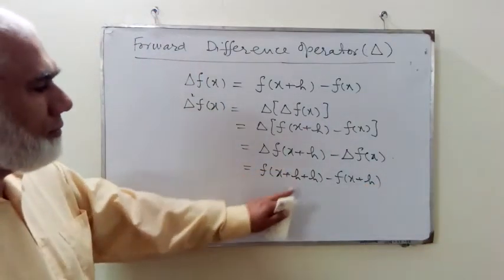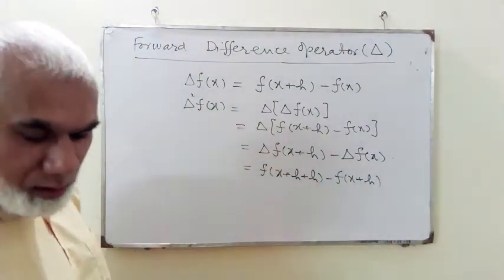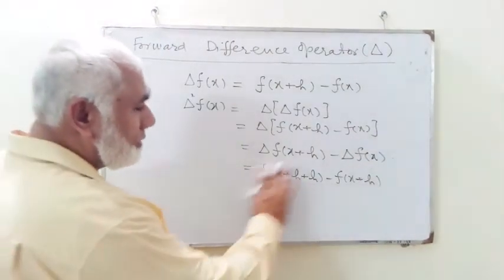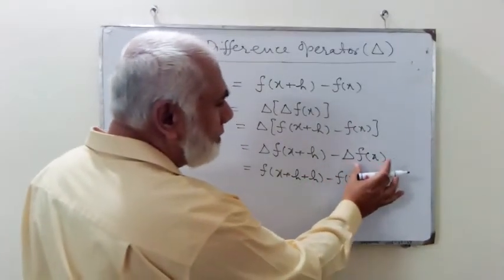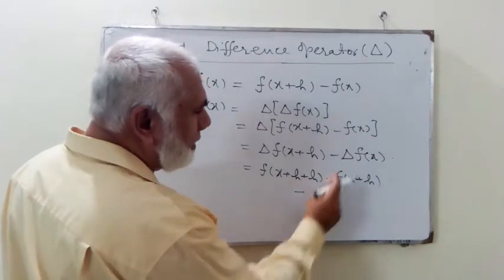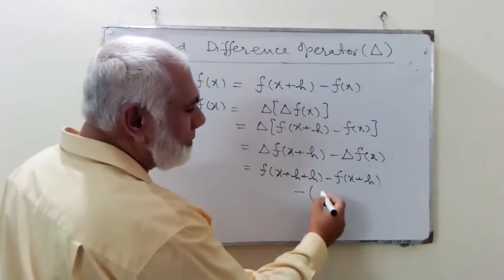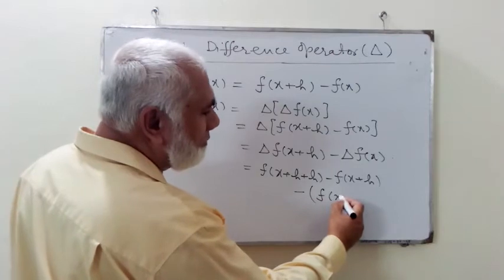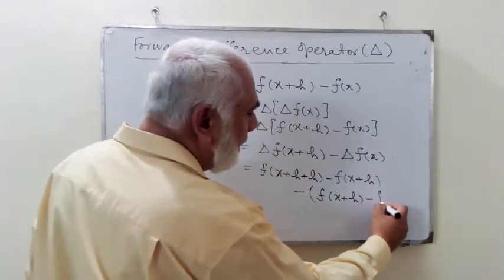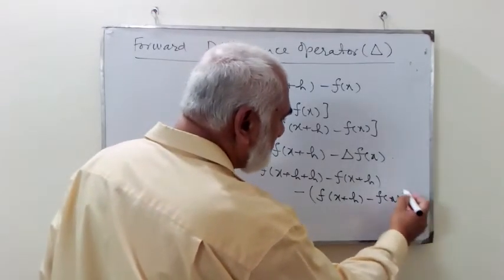This is the output after applying the first forward difference operator. Similarly, for this we get a minus, and we have to place a bracket here. The definition gives you f(x+h) minus f(x).